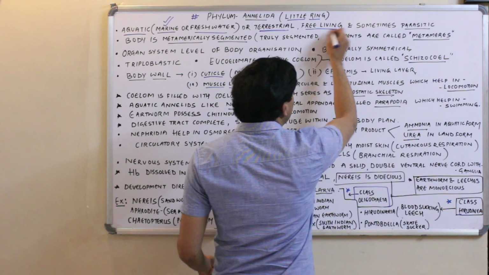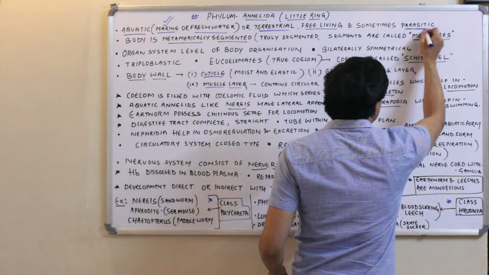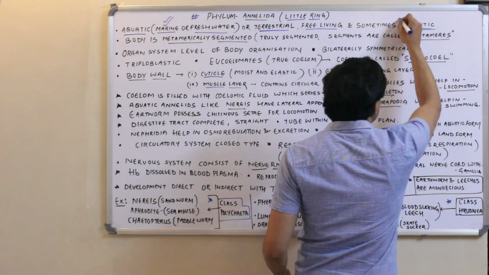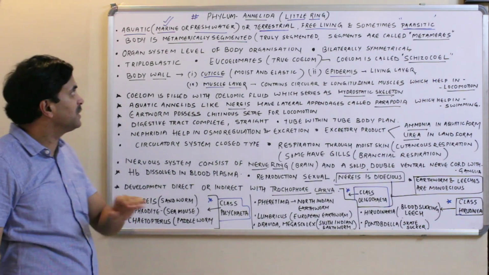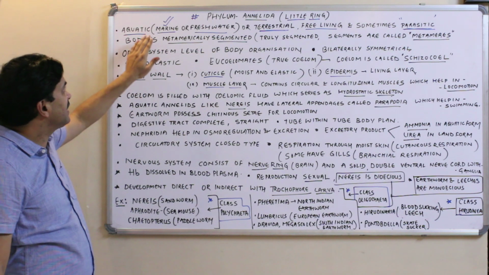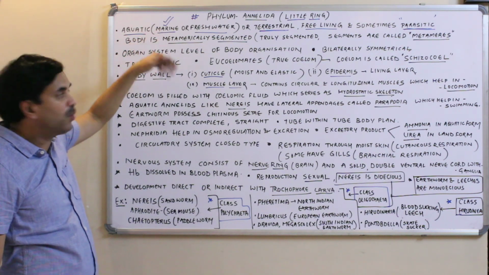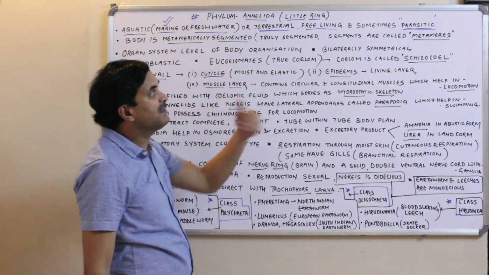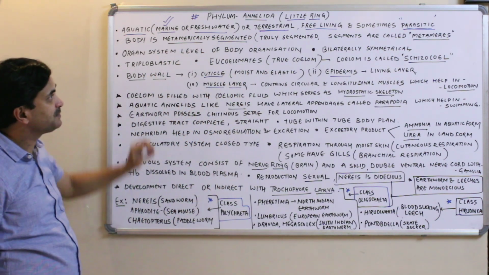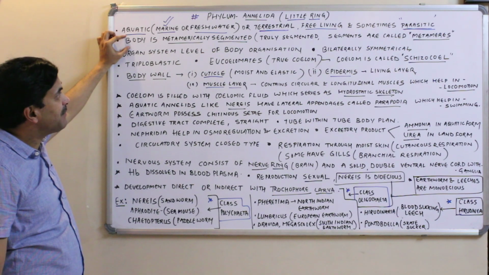They are free living and sometimes parasitic, but only a few forms are parasitic. So altogether, they may be aquatic, marine or freshwater, or terrestrial, free living, and sometimes parasitic. Body is metamerically segmented.